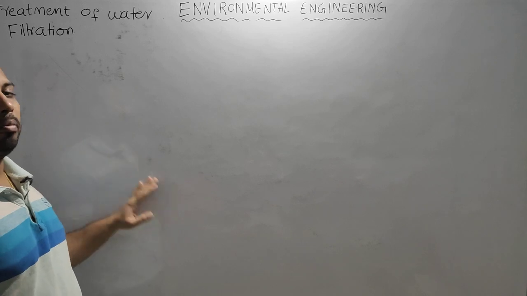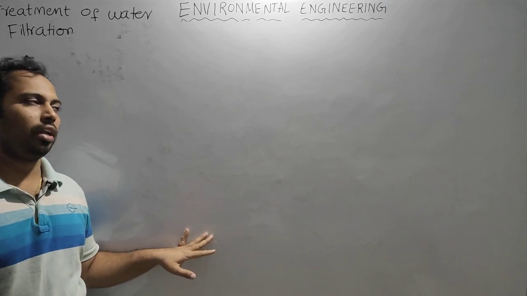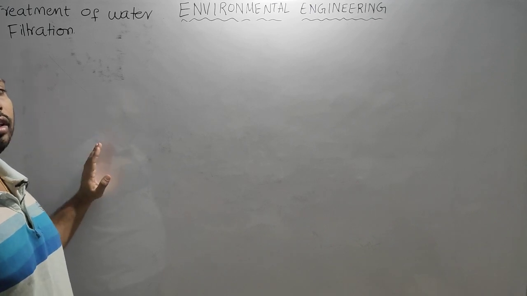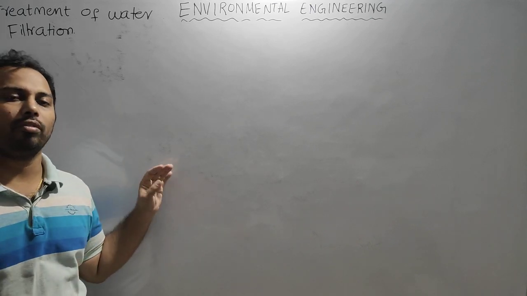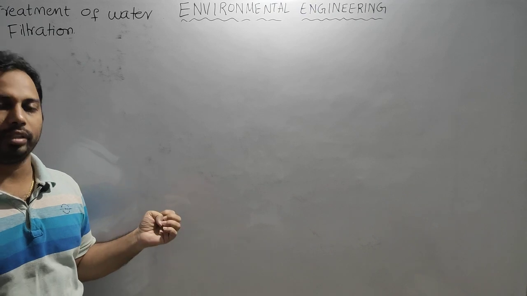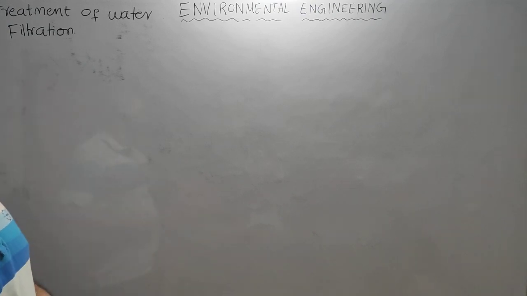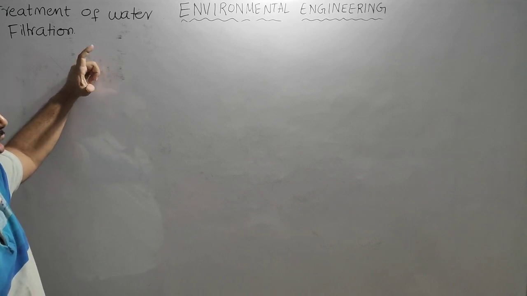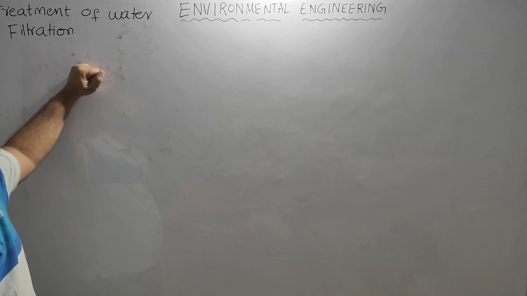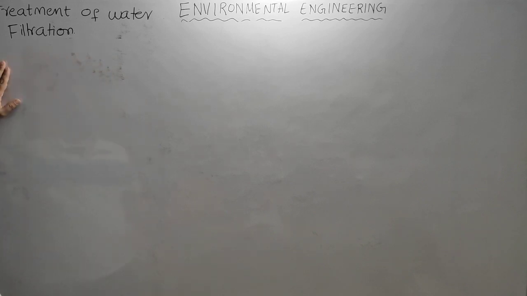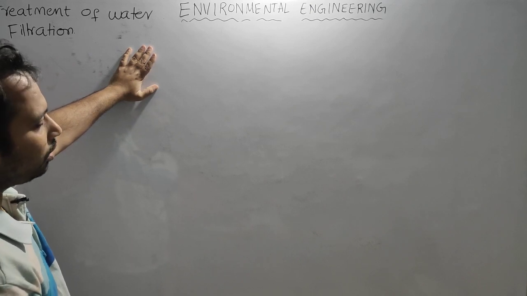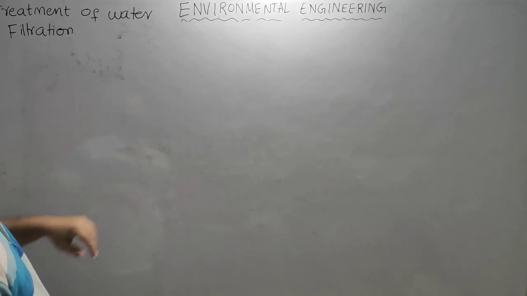Similarly, the rapid sand filter generally gets water from the secondary sedimentation tank, in which a lot of unsettled floc is present, which will settle in the filter media, and that helps in the effective removal of color causing ions. That is the reason why color is effectively removed in the rapid sand filter and not effectively in the slow sand filter.